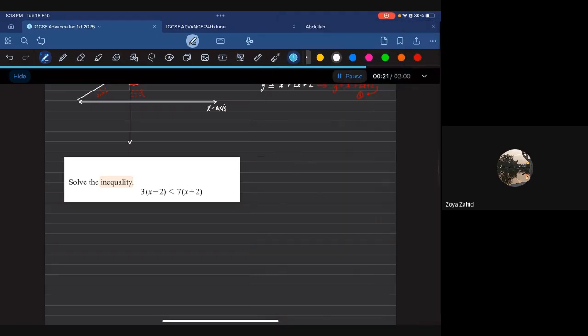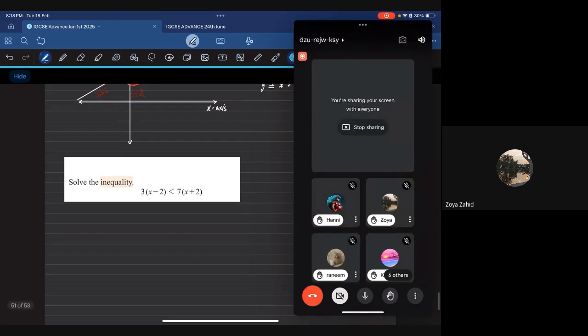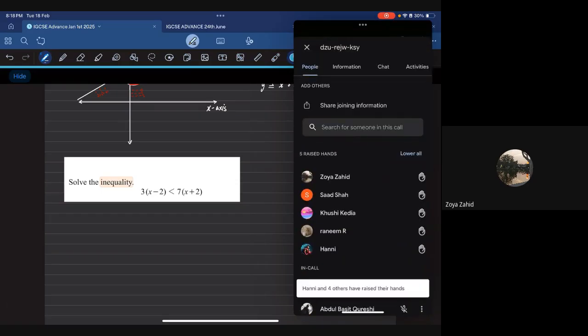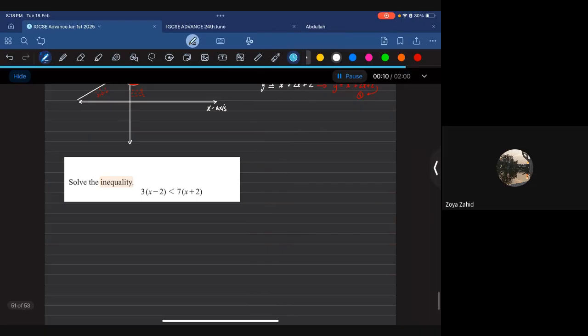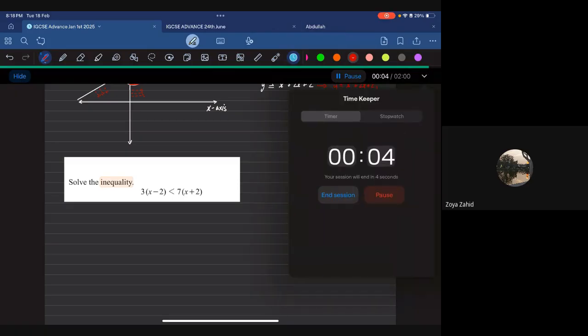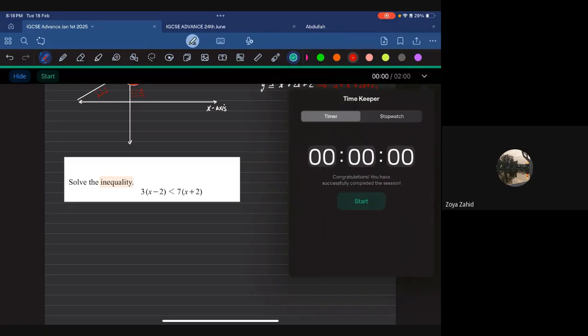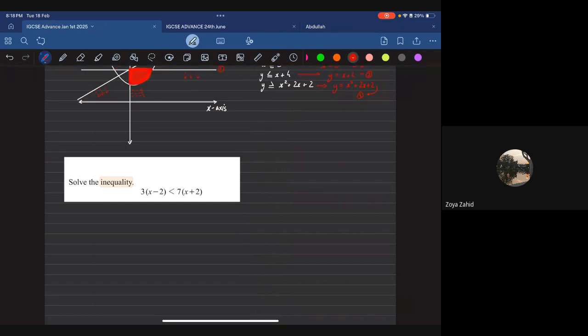All right, a lot of you have gotten their answer. I think Zoya was the one that did first, but let us see. Yeah, Zoya, can you tell us your answer, please, for this one? And we'll all model it after you. I got x is greater than -5. x is greater than -5.